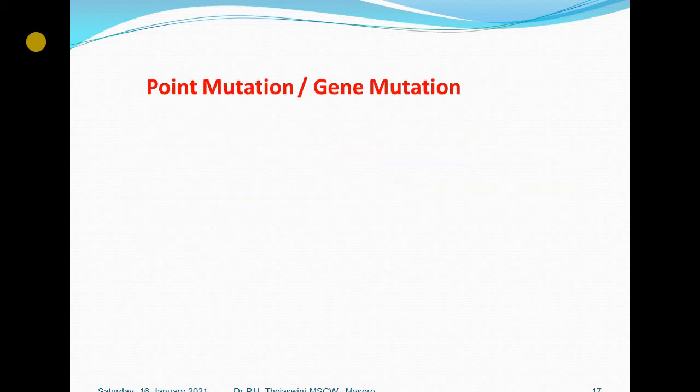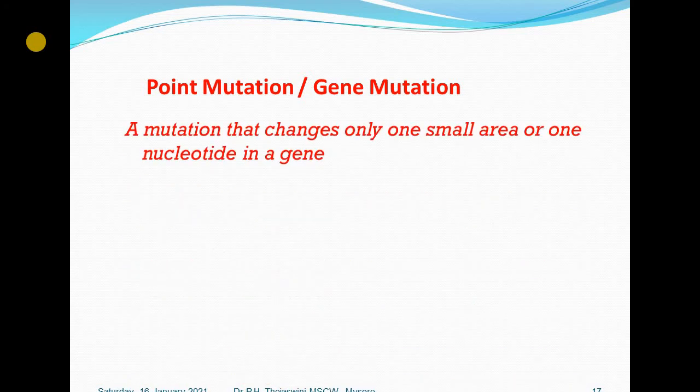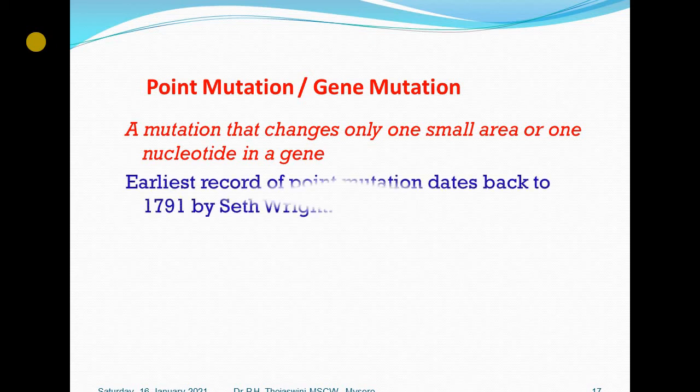Let us see the molecular alterations which take place because of the mutation. The first one is point mutation, or else it is also called gene mutation. In this mutation, a small bit of DNA, which can be one nucleotide or a few nucleotides, can change due to various reasons.